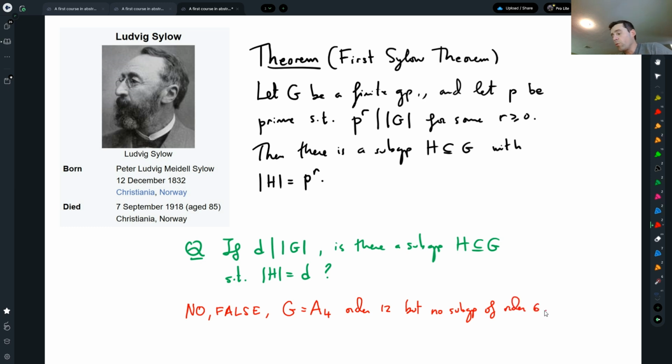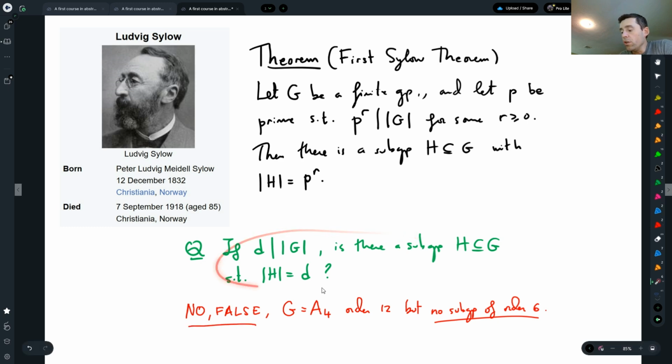So this question is false in general, but if the divisor is a power of one prime, then it is true in general. Okay, so let's prove the first Sylow theorem, and you will see that actually we're going to take the proof of Cauchy's theorem and then just generalize it to this setting. So let's see how it goes.